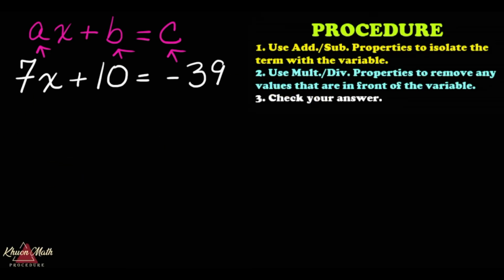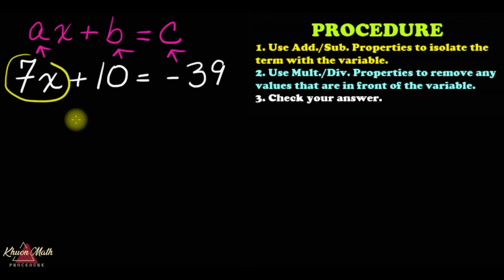So step number 1 is to use addition or subtraction property to isolate the term with the variable. So here we have to isolate 7x, meaning we've got to get the 7x all by itself on one side of the equal sign. So we have to get rid of the plus 10. And how do you get rid of the plus 10?